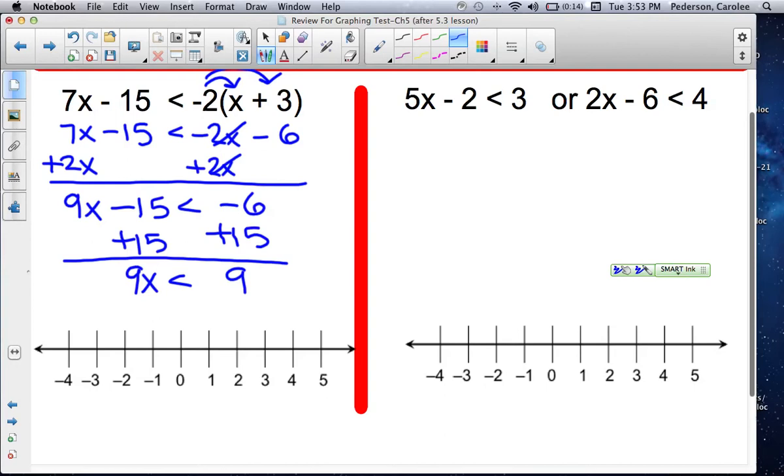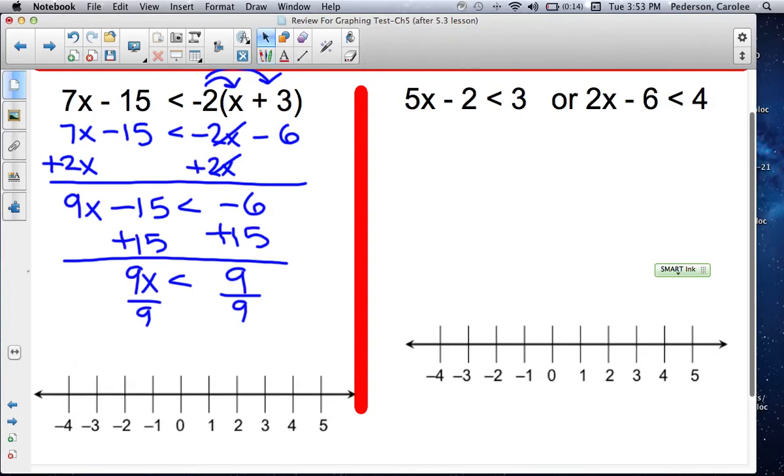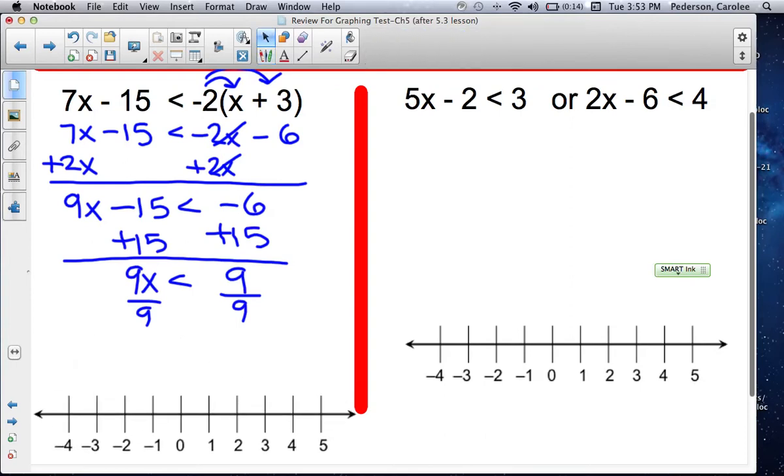Last step is to undo that 9 times x. So we're going to divide both sides by 9. So the 9's will cancel, and we're left with x is less than, and then 9 divided by 9 is 1.